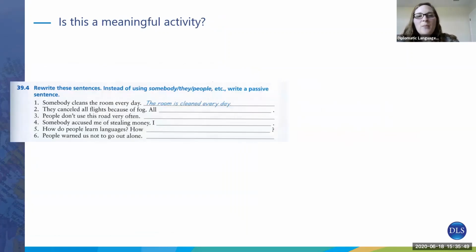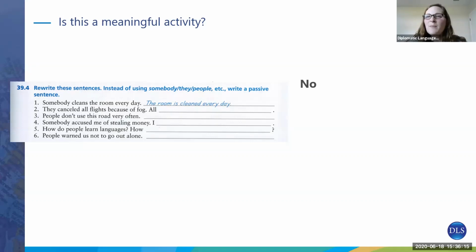Okay, and so then how about this? Is this a meaningful practice activity? No, this is mechanical. Okay, and so why is it mechanical? You follow the example, you follow the pattern without thinking about the real meaning of that form. There's not really much connection to meaning at all.